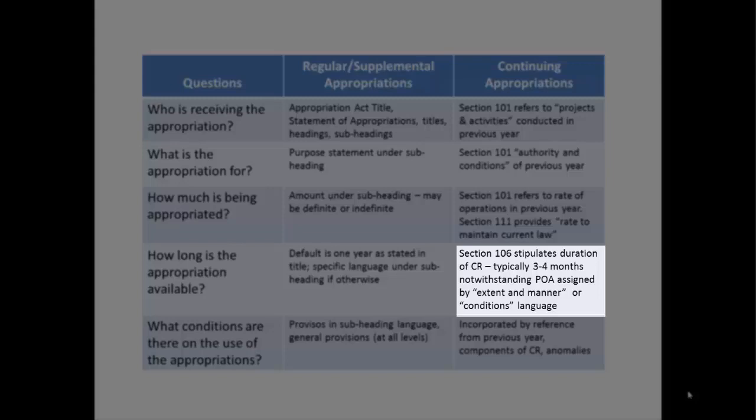CR funding cannot extend beyond the duration date, but we also need to consider the period of availability that needs to be assigned for accounting purposes. This can be determined either from the conditions language in Section 101 or the extent and manner language in Section 103. This period of availability will become important when the CR becomes a full year appropriation.